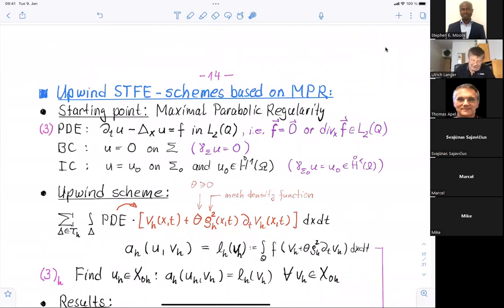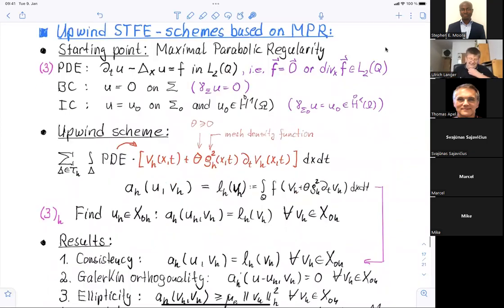Then you can write the PDE in L2. So we have to assume that the right-hand side is in L2. So when we have a PDE in L2, we have a boundary condition, and the initial condition should also be in H10, not in L2. And then we can look at this as an elliptic problem with an upwind in time.